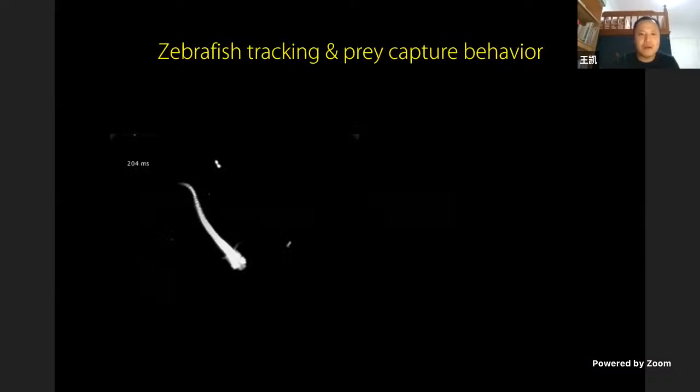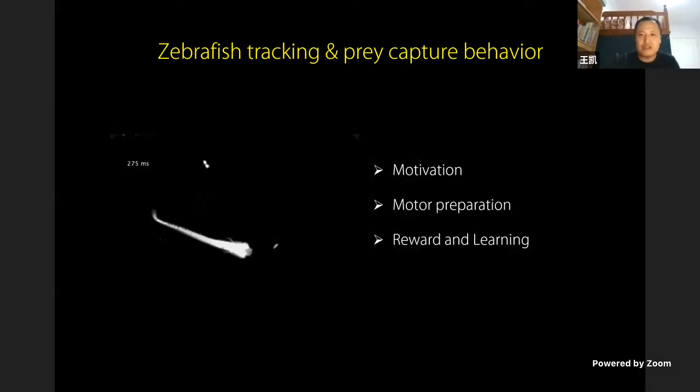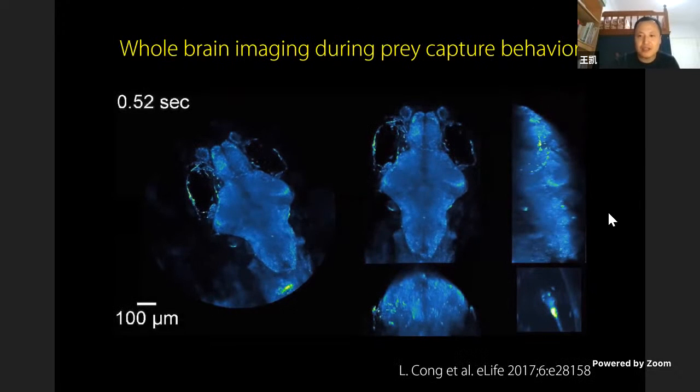One interesting behavior is that a freely moving zebrafish can prey-capture paramecia. And this involves a lot of neural information processing, such as motivation, motor preparation, reward learning, etc. And we worked together, and we did make this work.